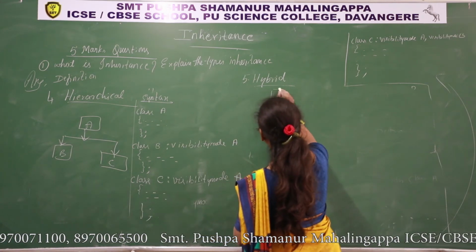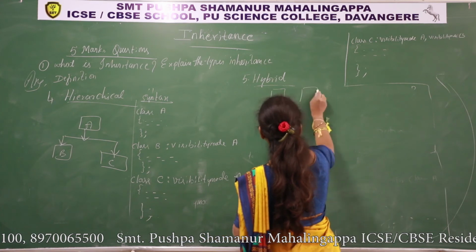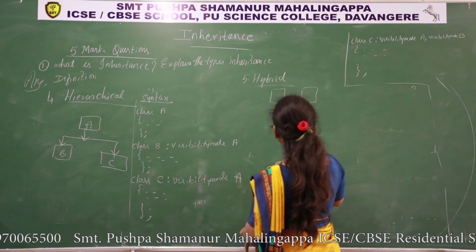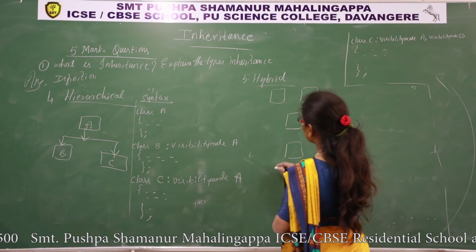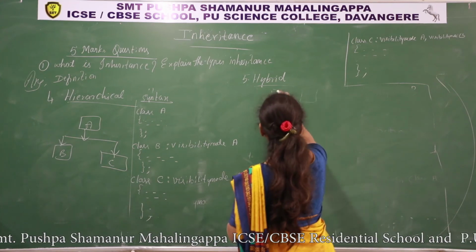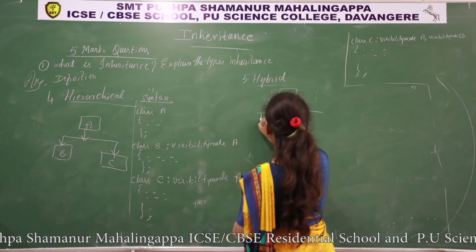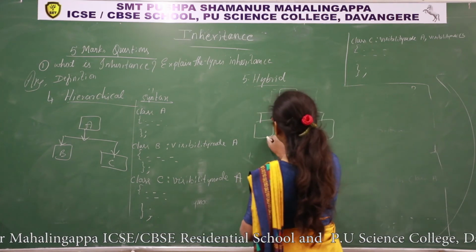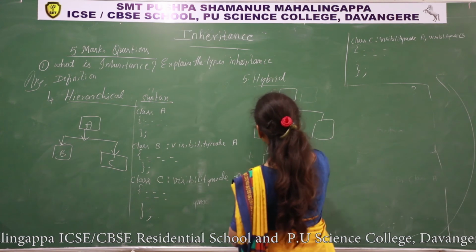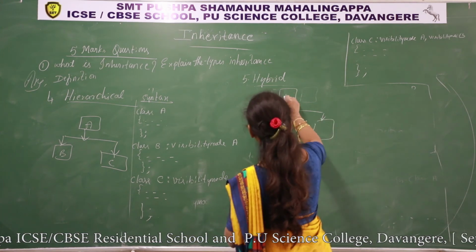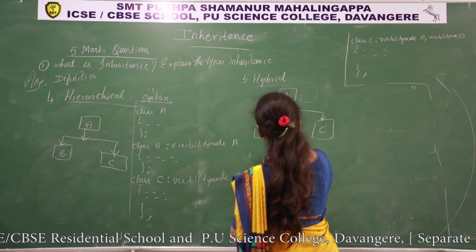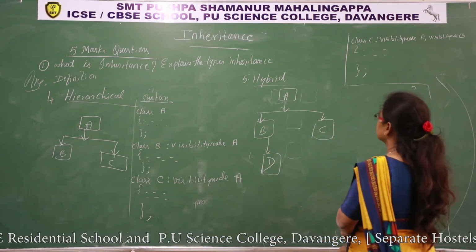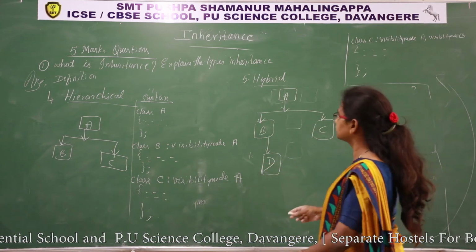Syntax, sorry, first I write a pictorial representation. Anything you can choose. While explaining this topic, I had taken this example, so I will take the same so that you can remember easily.